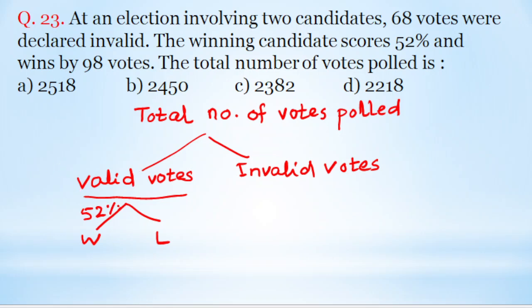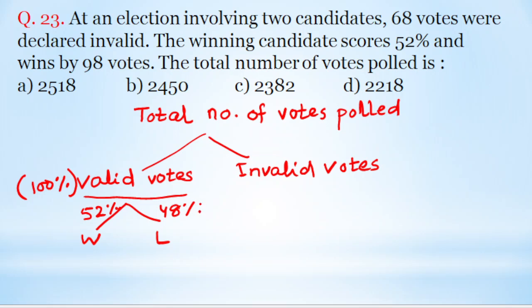If the valid vote is 100% and the winner gets 52%, the loser gets 48%.